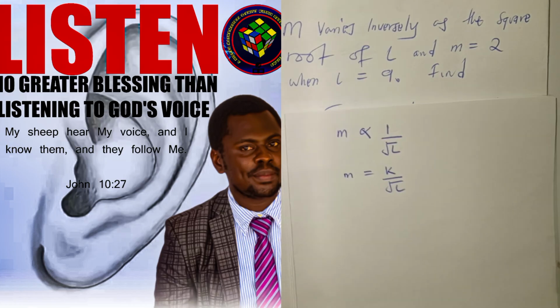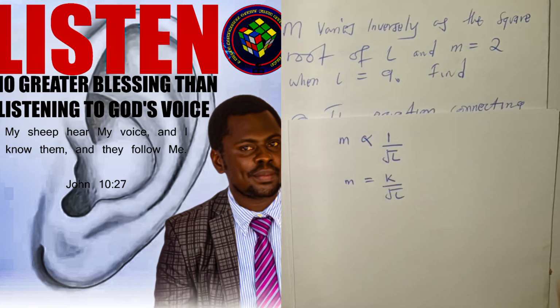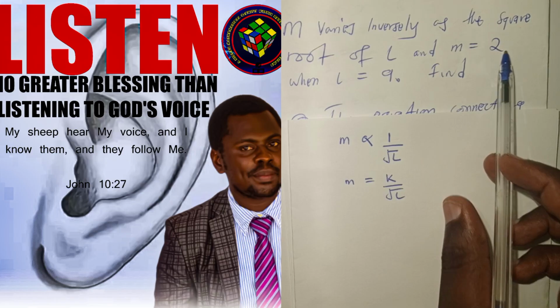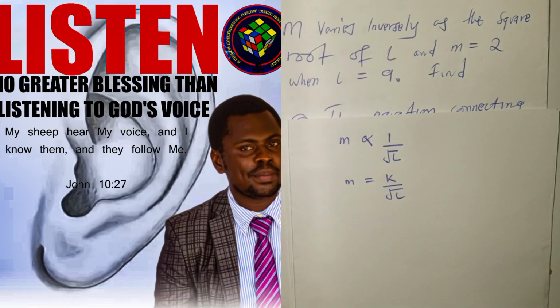Then the next step is to solve for k. We need to know the value for k. We get this value for k from the values of m and L, since the variables are m and L, so we need to have the two values for m and L. From the statement, we are told that m is equal to 2 and L is equal to 9.